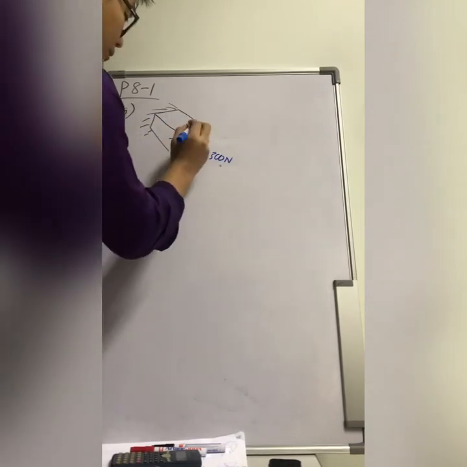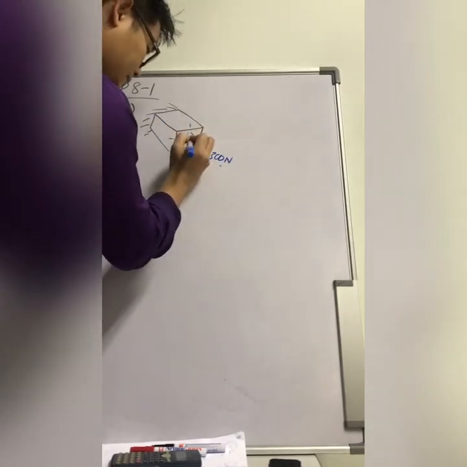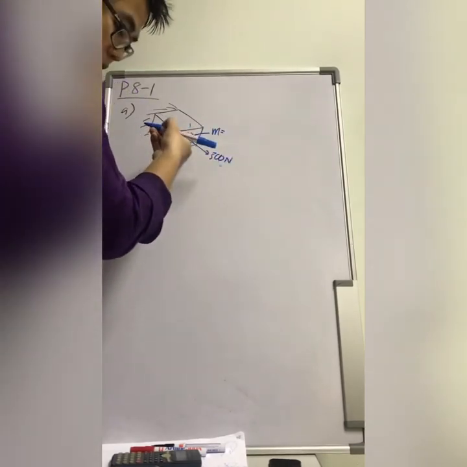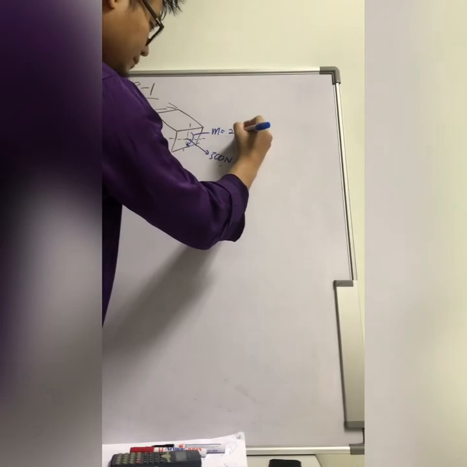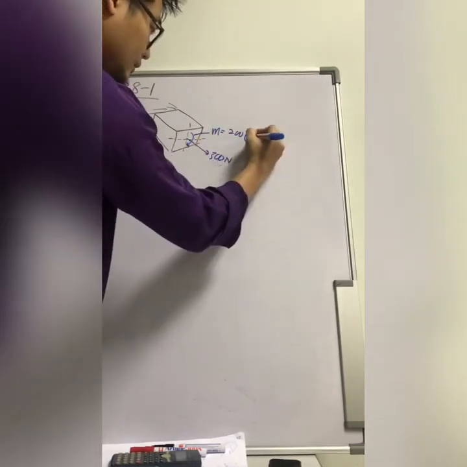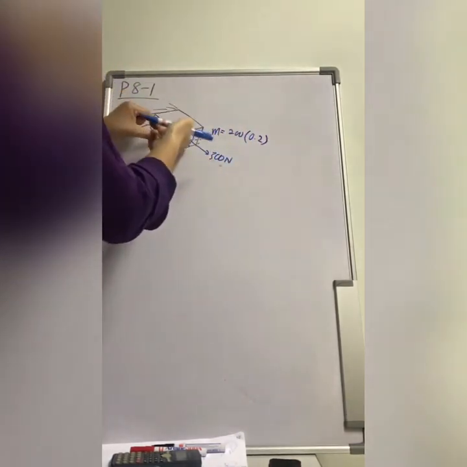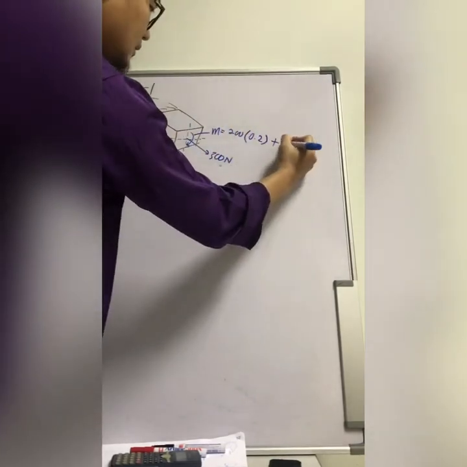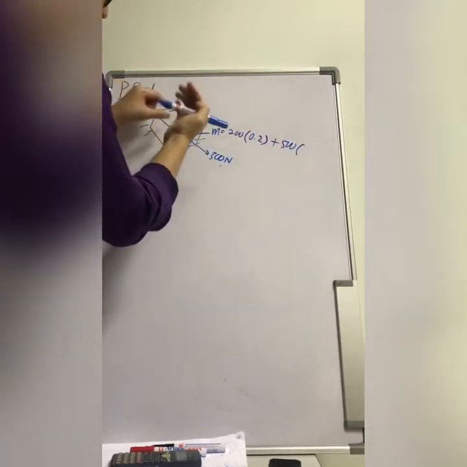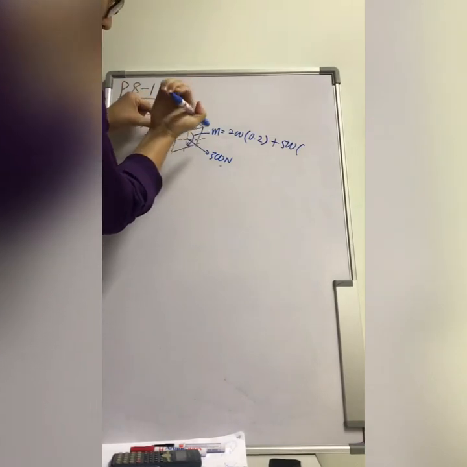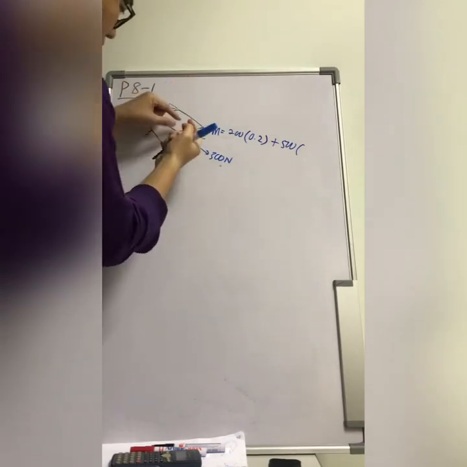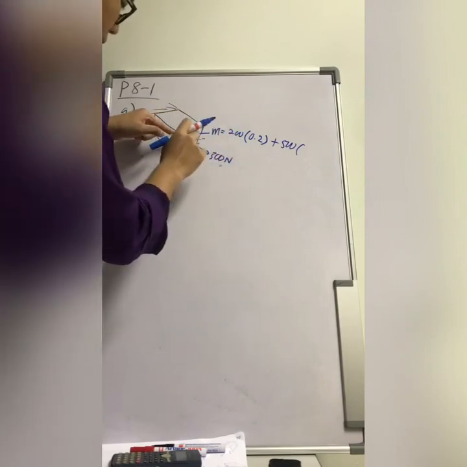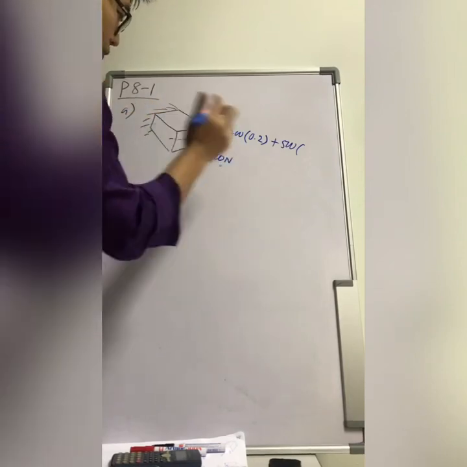So you will have bending moment M, and this bending moment is basically 200 Newton times 0.2 plus 500 Newton times 0.2, because they are in the same direction and we are finding moment about this centroid.